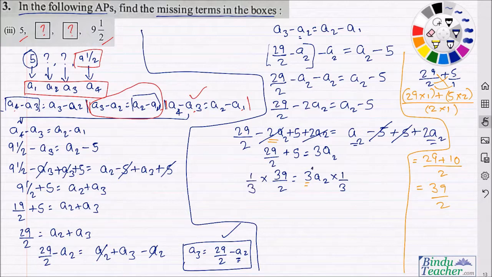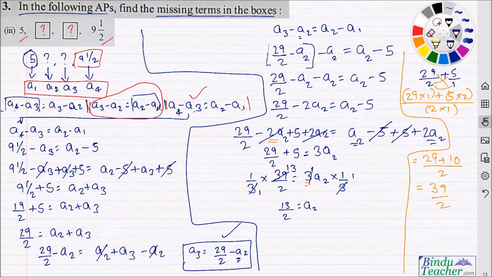So here 3 divided by 3, we get 1. And on the other side, 3 into 1 equal to 3, and 3 into 13 equal to 39. So we get 13 by 2 equals A2.